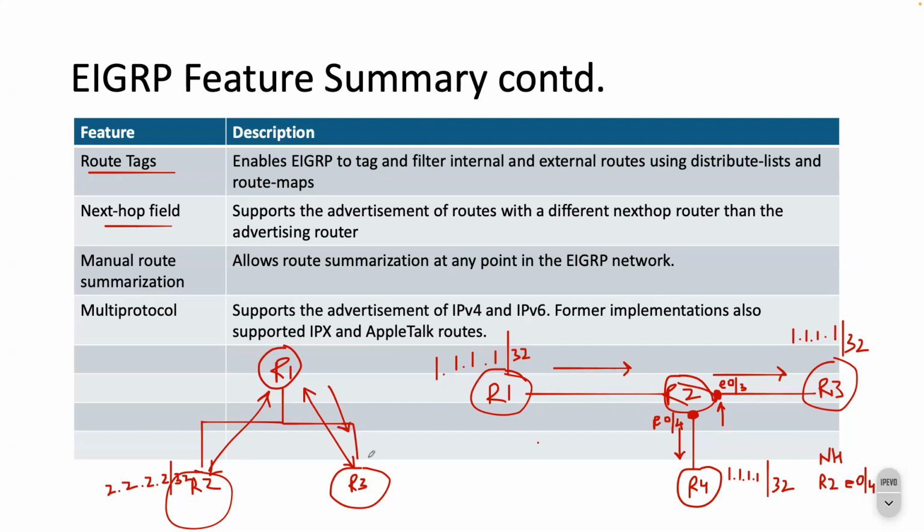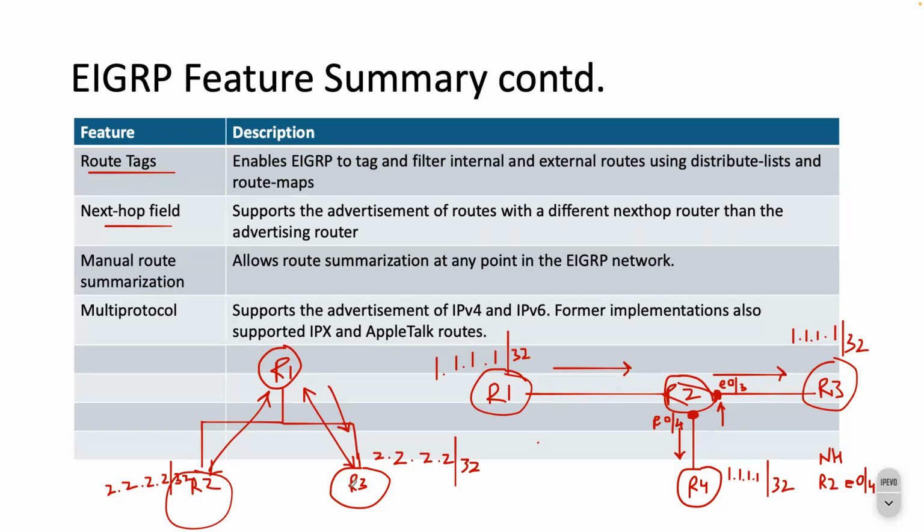By default, R3 has this route 2.2.2.2. What will be the next hop? R1. But should it be R1? I can send that traffic directly to R2 without sending it to R1, because they are also connected on the same subnet.